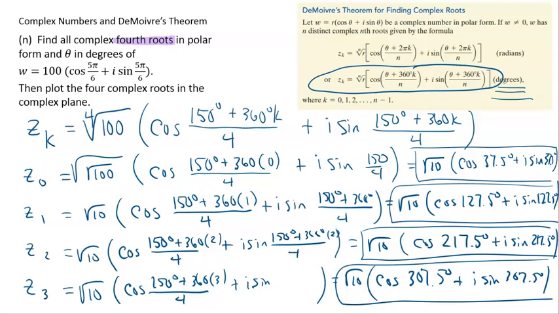Now notice the directions for this problem say, then plot the 4 complex roots in the complex plane. So we found all the 4 roots in polar form, but I'm supposed to plot these in the complex plane. I really didn't give you the easiest problem to do that, but I'm trying to make a point. So I'm going to do the best I can to plot these in the complex plane.